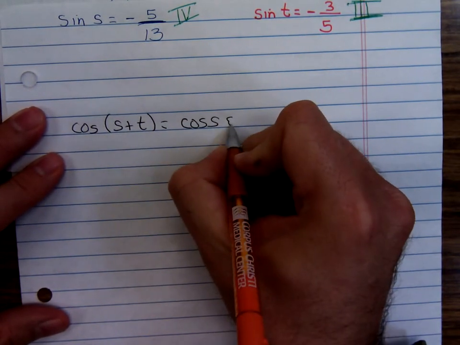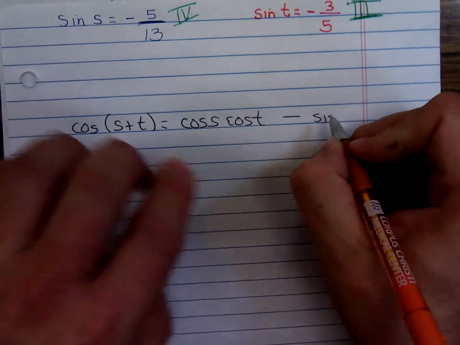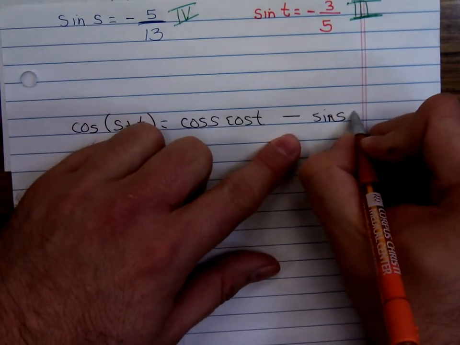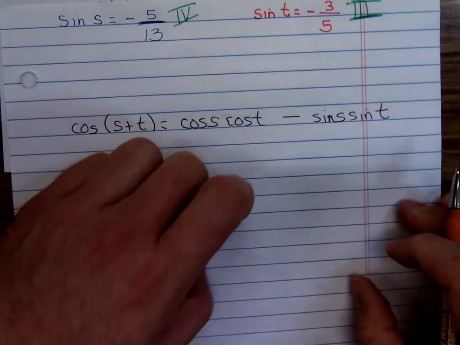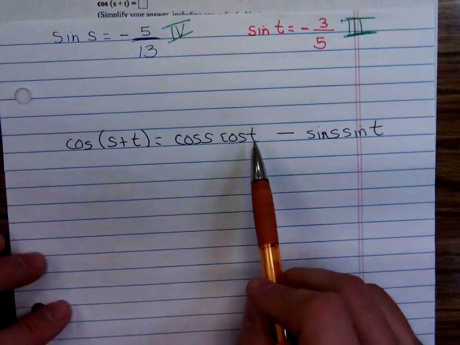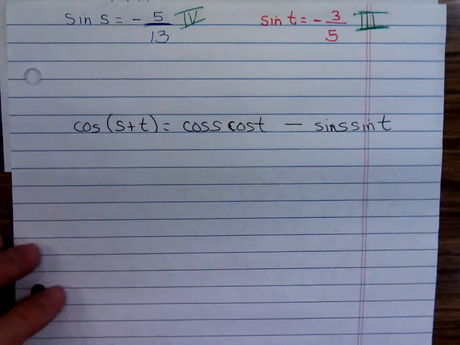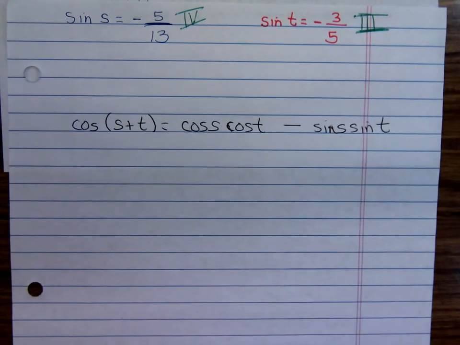Cosine, cosine, change, sine, sine. I sort of wish they'd used A and B rather than S's and T's, but we're using S and T for some reason in this problem.